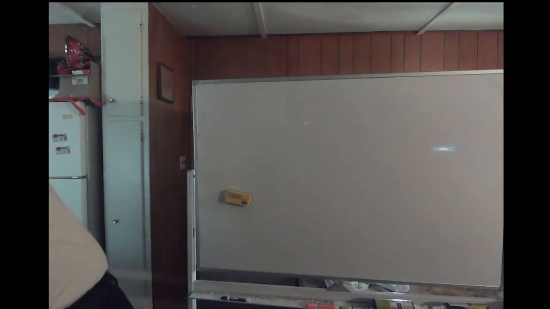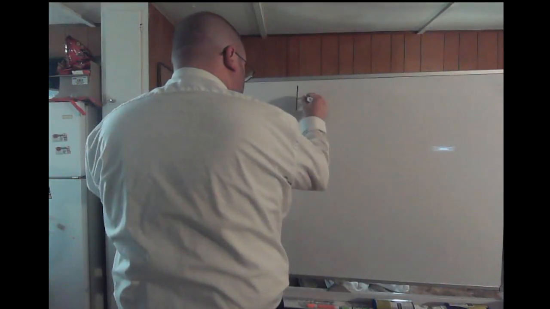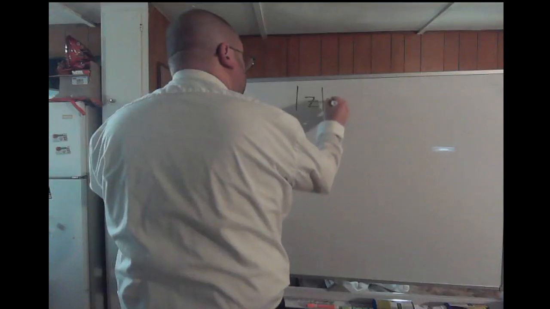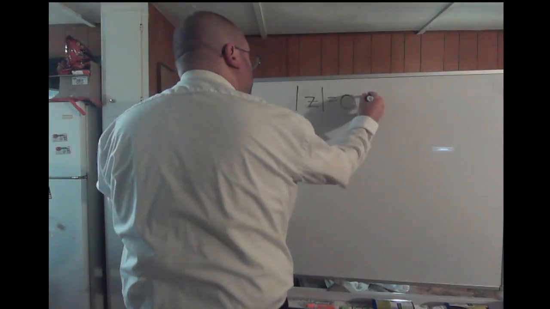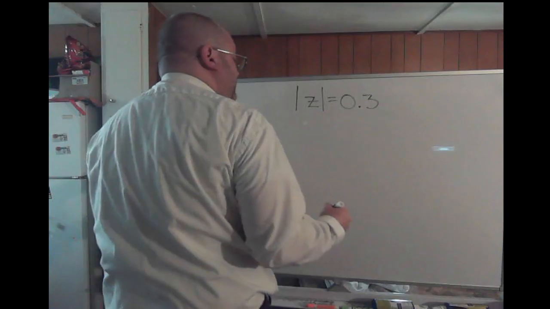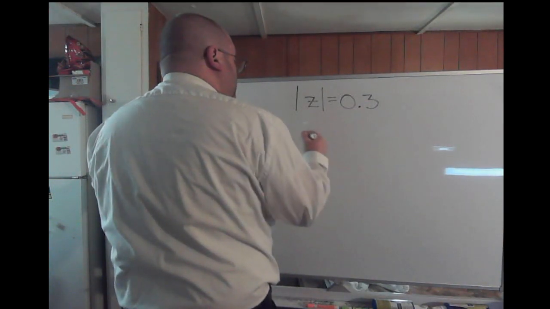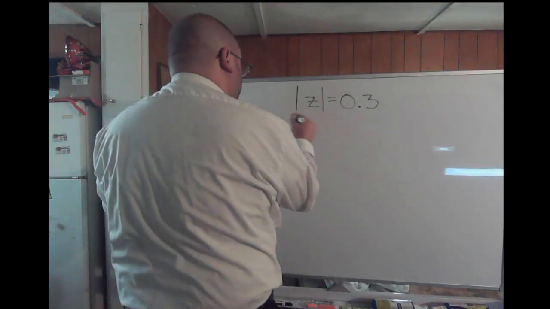Now how about the next one? The absolute value of z equals 0.3. Well, again, you'll take that z without the absolute value.